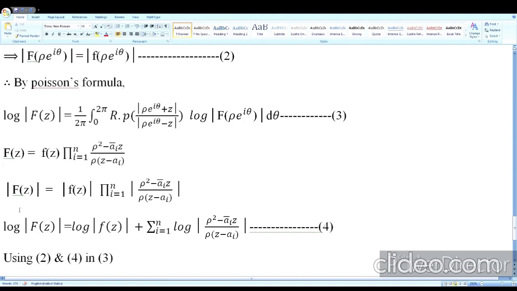So we get log modulus of capital F of z equal to log modulus of f of z plus summation i varies from 1 to n log of modulus of (rho square minus a_i bar z) by rho into (z minus a_i).